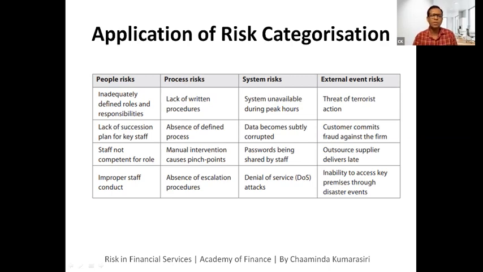Under people risk, you say inadequately defined roles and responsibilities. If your organization does not have proper JDs, job descriptions for your employees, that can create people risk, because they do not have a clear idea about the exact scope of their work.